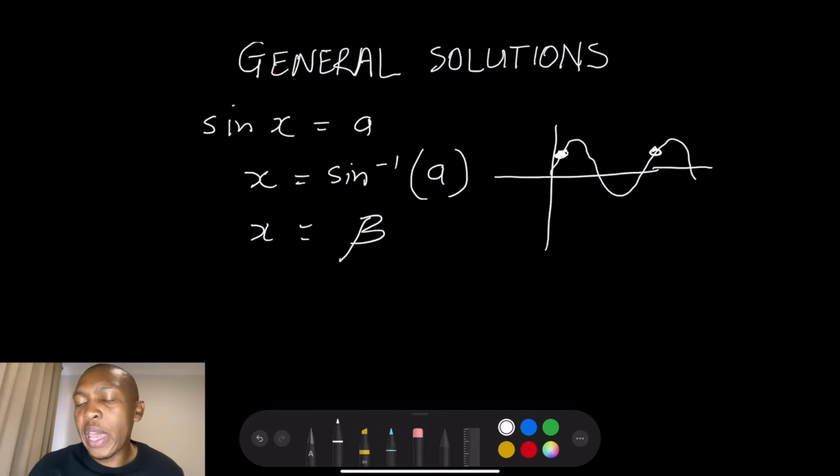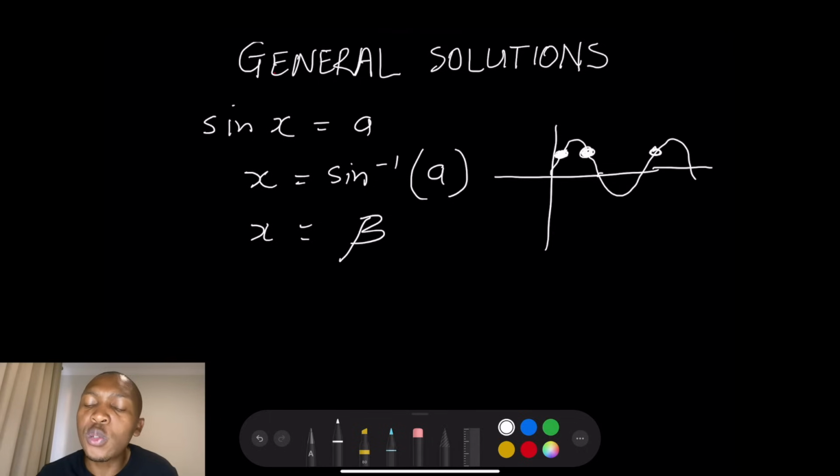That goes for the cos graph as well. But I want you to note, if I say this is the solution, it would also be the solution there, where it's 180 minus that reference angle.